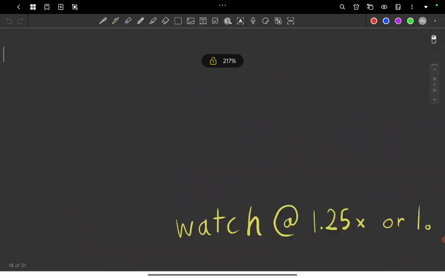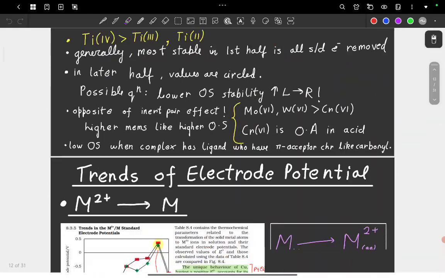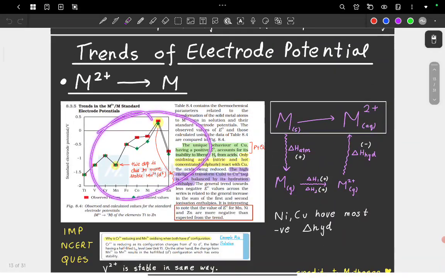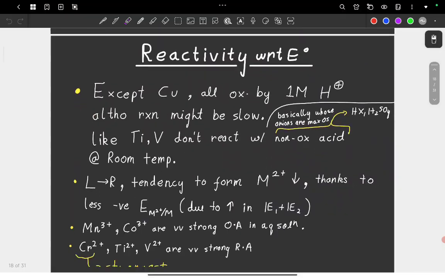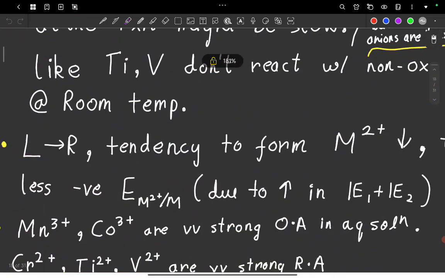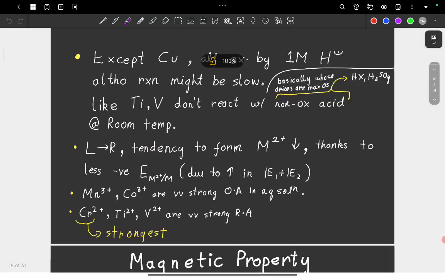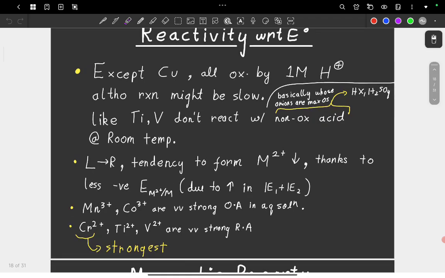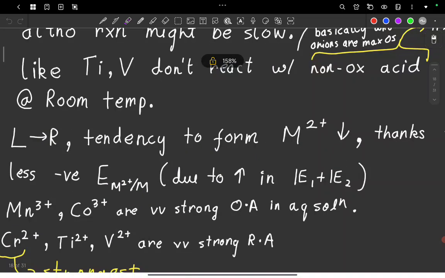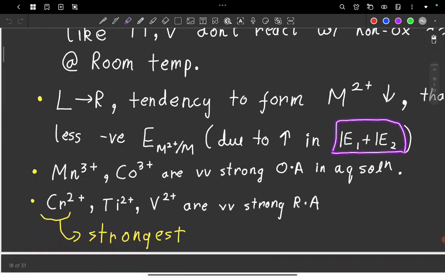Okay, like we studied here. So if there is greater confusion, which increases left to right, the tendency to stay in this state without any issues decreases. And this is due to the increase in the sum of the first and second ionization enthalpies.